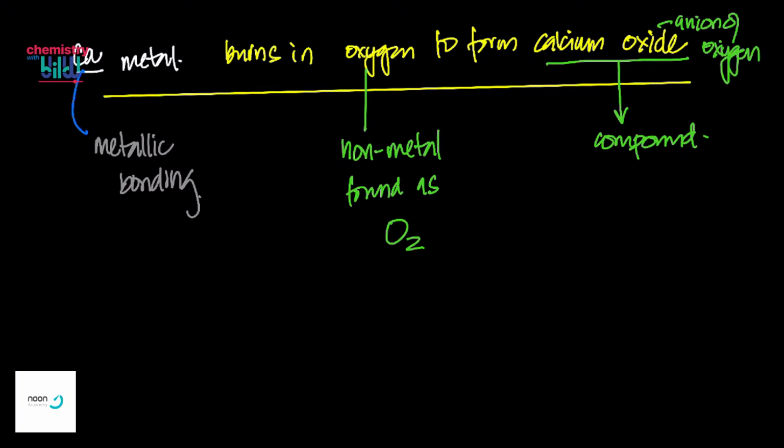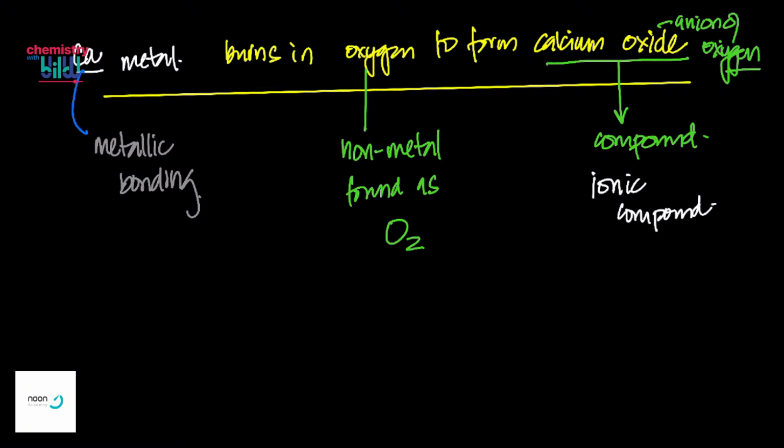And remember, before we even did bonding, I did anions and cations, ions of elements, with you. So it's a compound, but it's got a metal and a non-metal. Like Khatija said, it is an ionic compound.